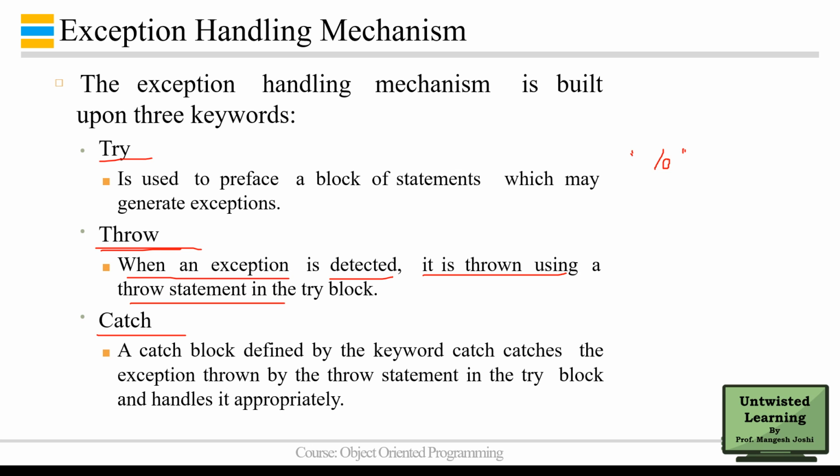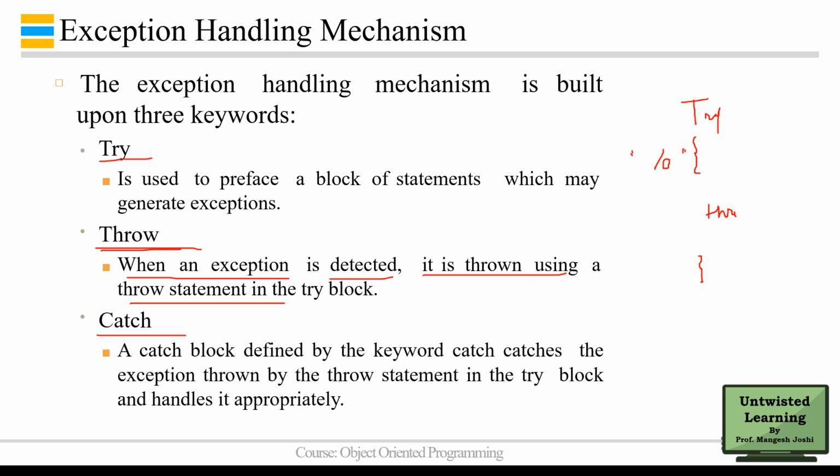And the third is catch. A catch block, defined by the keyword catch, catches the exception thrown by the throw statement in the try block and handles it appropriately. So the basic structure is you have a try block, and inside that you will have your code.